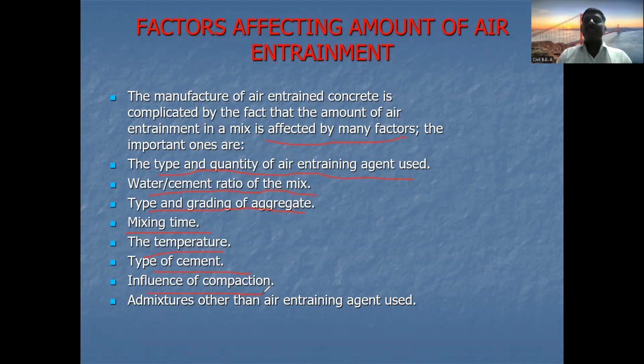So the compaction process is very important, and the method you are using for compaction influences the amount of air entrainment. And the admixtures other than air entraining agents which you are using are also an important factor.